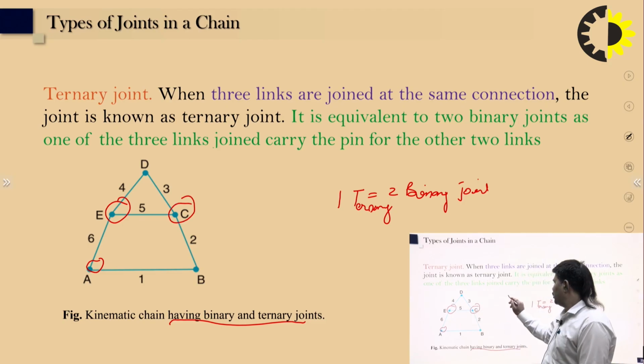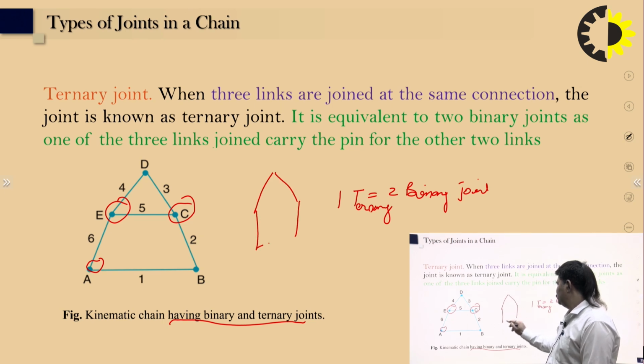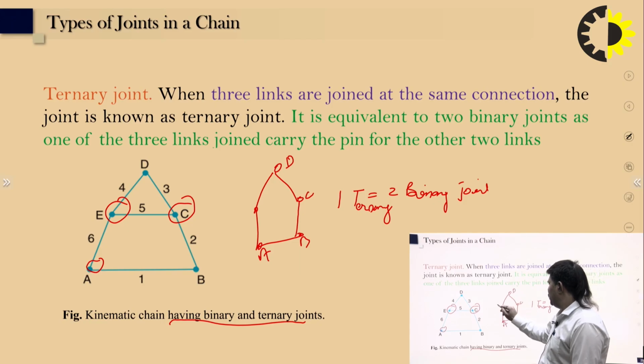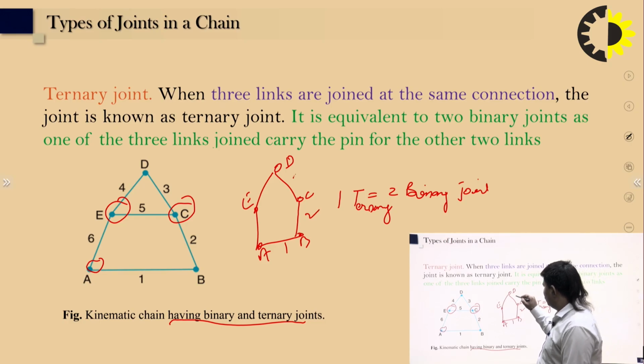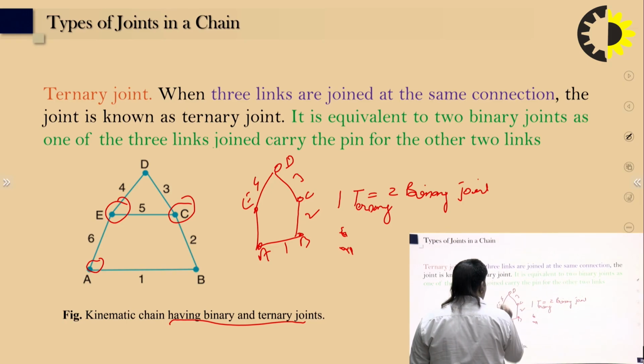Suppose you draw the figure: A, B, C, D and E. Link 1 is A to B, 2 is B to C, 3 is C to D, 4 is D to E, and E to A is 5, suppose.